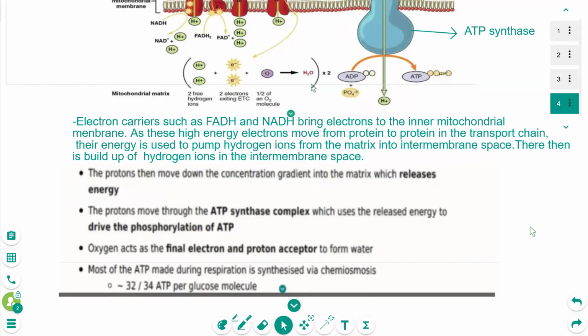And the electrons that were traveling along the chain are finally accepted by oxygen. Oxygen serves as the final acceptor of those electrons and of the protons, forming water. Most of the ATP made during respiration is made by this process of chemiosmosis, which is about 32 to 34 ATP molecules per glucose.